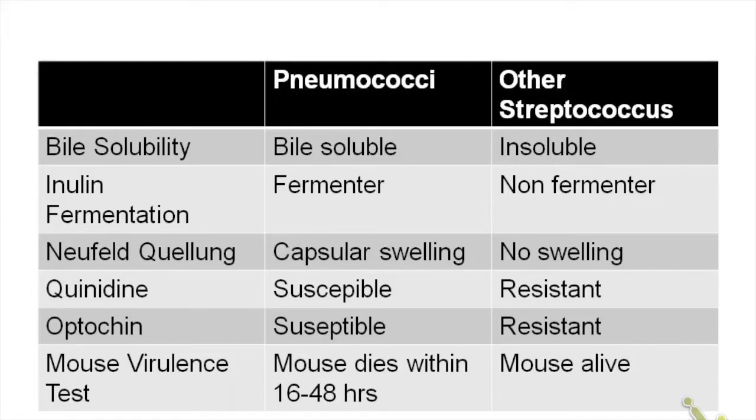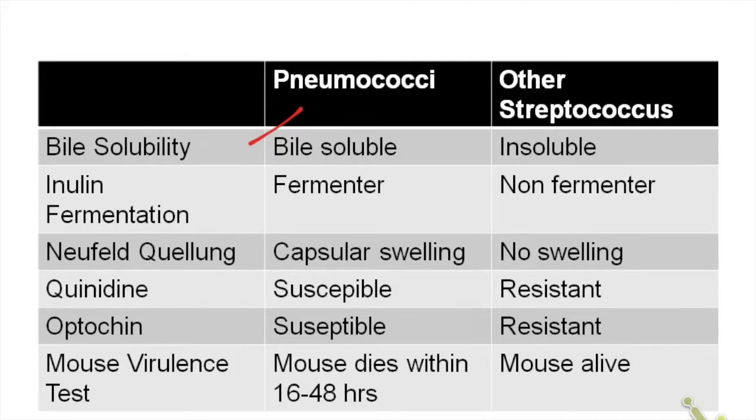And then, how do we differentiate pneumococci? Pneumococci, by the way, is the common name of Strep pneumoniae. We can have the bile solubility test. Strep pneumoniae is bile soluble. Other streptococci cannot be dissolved in bile.